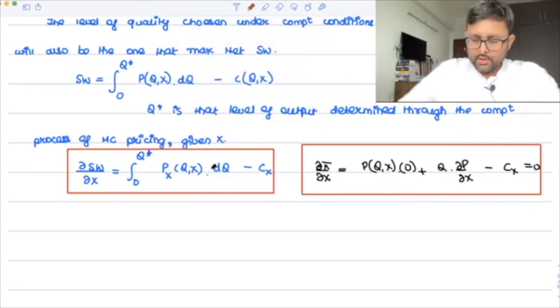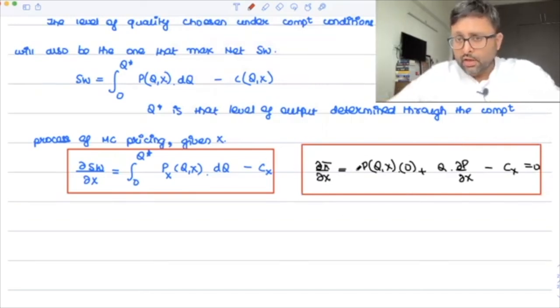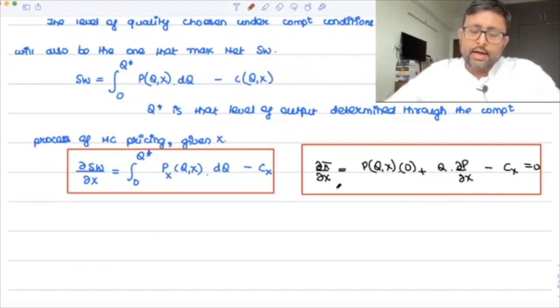Okay. If you look at this expression, for example, this is looking at the marginal valuation of one more unit of quality.